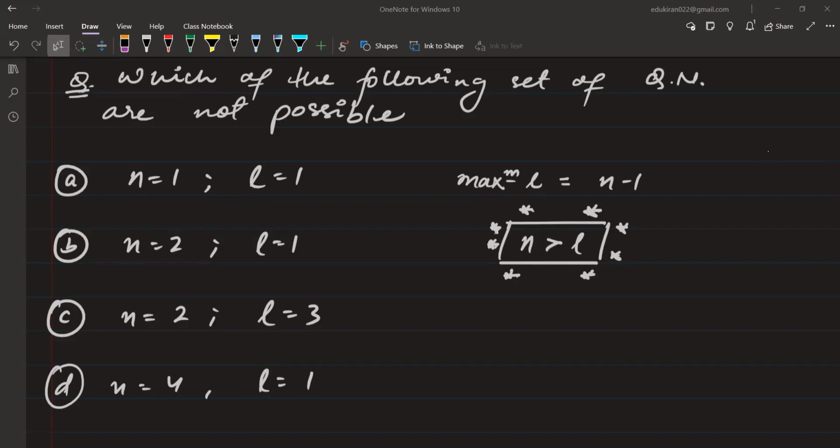Did you get the answer for this one, Nabiha? Yes. What is the answer? n is greater than l. This is your answer. Yes. What is the question saying? Tell me. Which of the following sets of quantum numbers are not possible? Okay. What is QN?